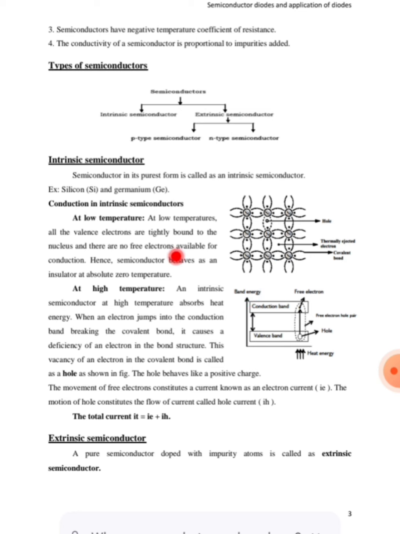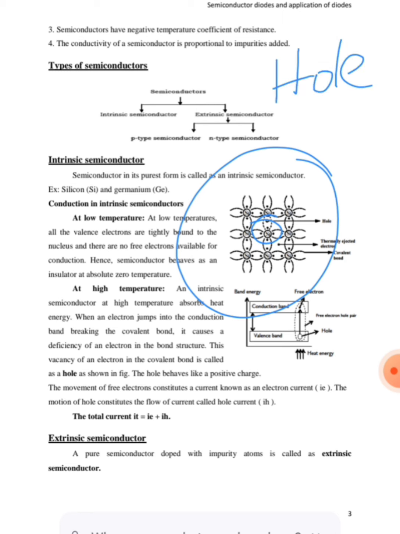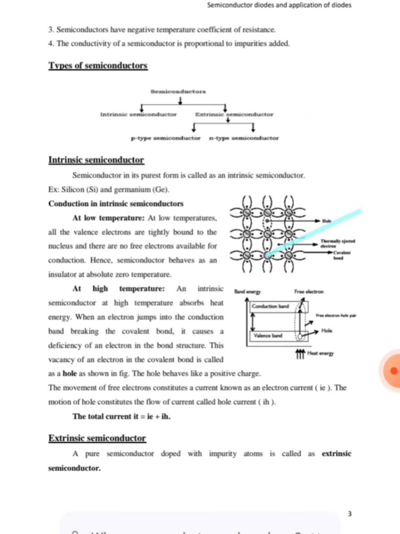According to this diagram, we are seeing an empty space over here, and that empty space is called a hole. We have already discussed this. This empty space, or hole, which is created in an orbit, has a positive charge. So a hole is an empty space created in the orbit. How are these holes created?